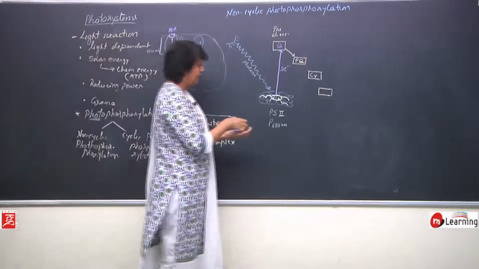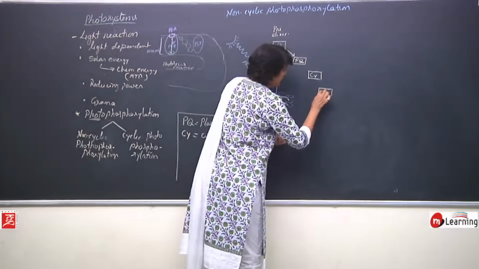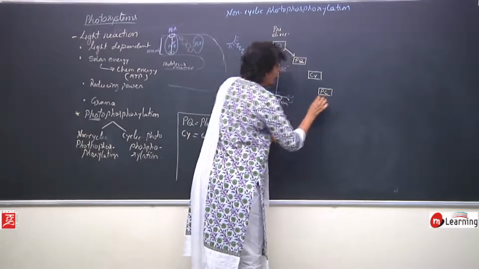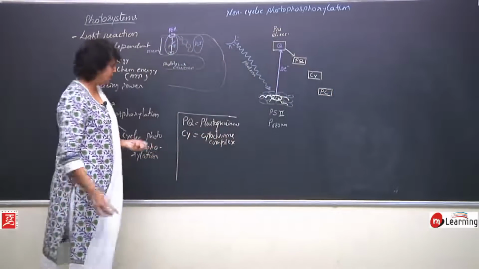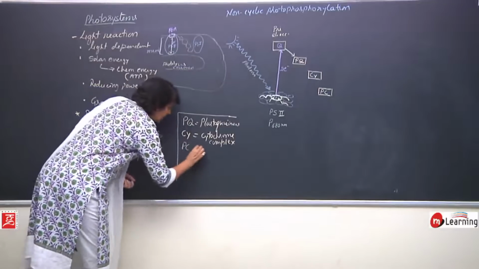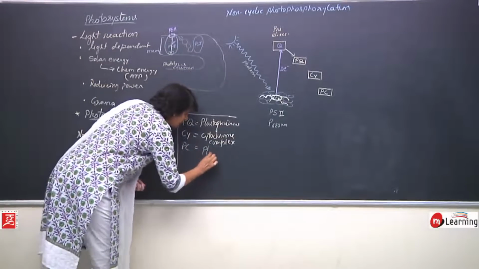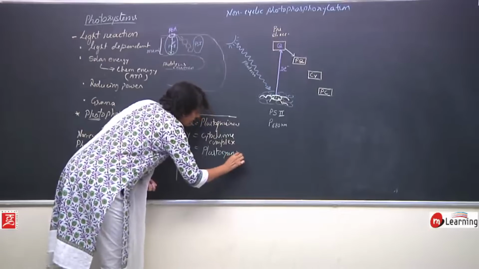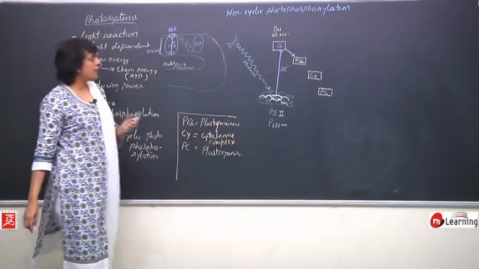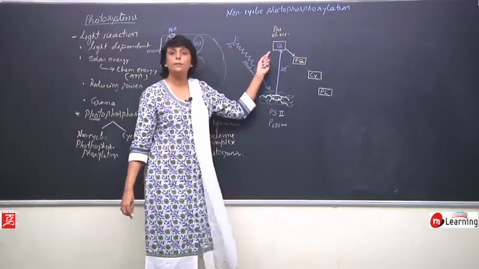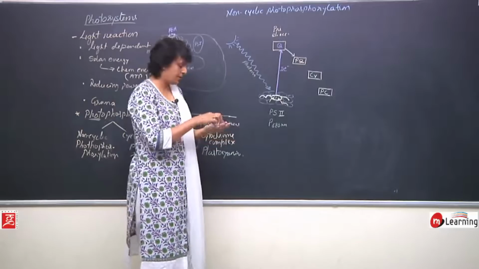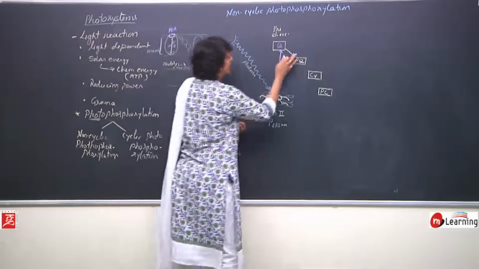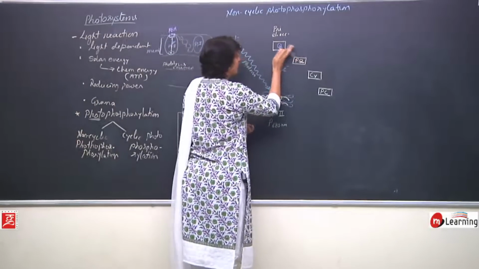And PC is plastocyanin. So, the third electron acceptor is plastocyanin. So, there are 3 after the primary electron acceptor.